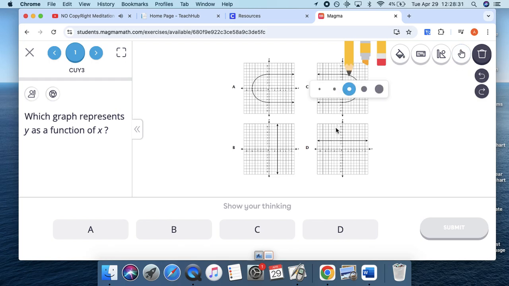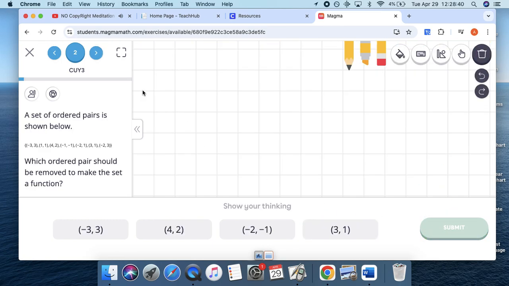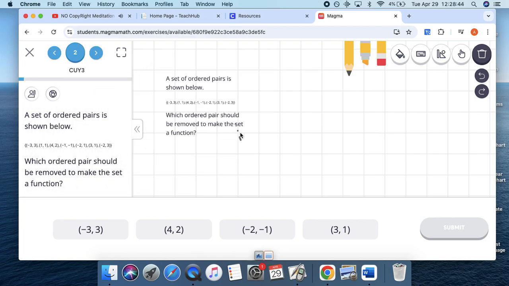So this one you can draw, then submit. Let's see if I'm correct. Yep. Number 2, so you're able to drag that, and I just don't know how to make it bigger, but it's basically asking which one should I remove in order to keep this as a function.